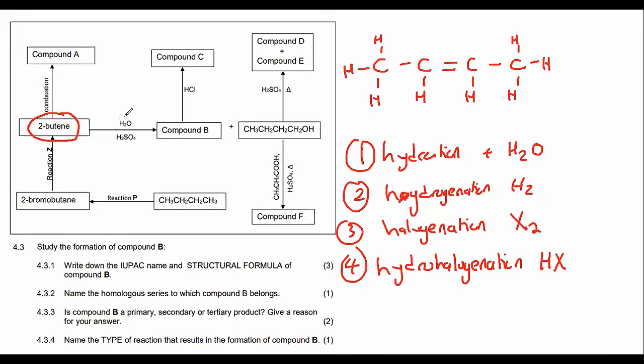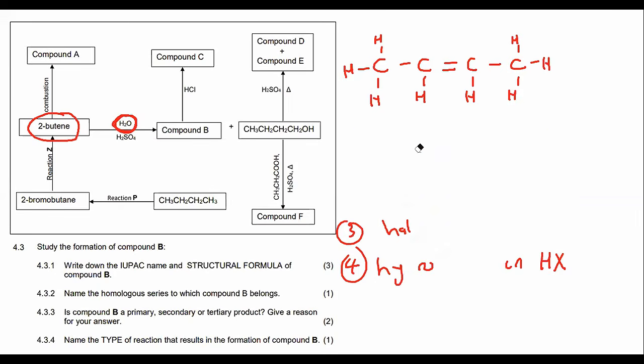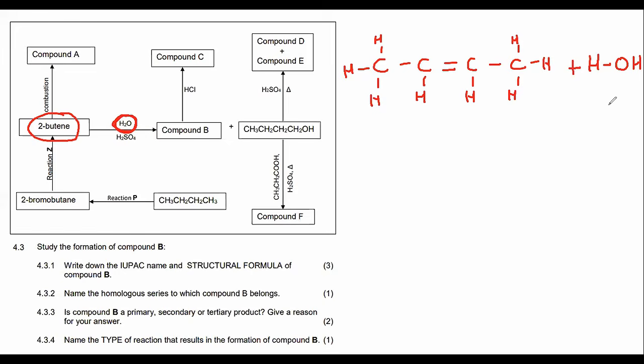So what we can see here is that they are adding water, and so that would be this reaction over here. So there is a hydration reaction that is busy taking place. So what that actually means is that we are going to be adding water to this molecule. So we're going to say plus water, but I like to write the water as HOH like that.